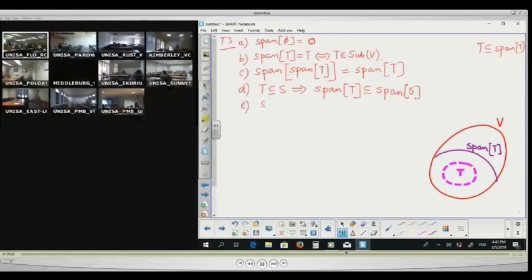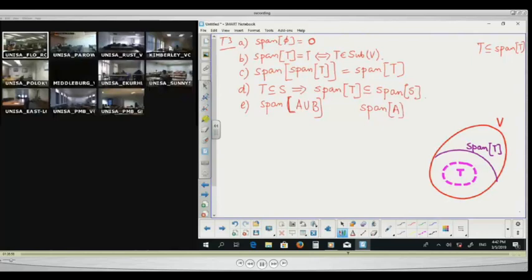So what shall be the connection between span A, span B, and span of A union B? Can you say? Don't they intersect?